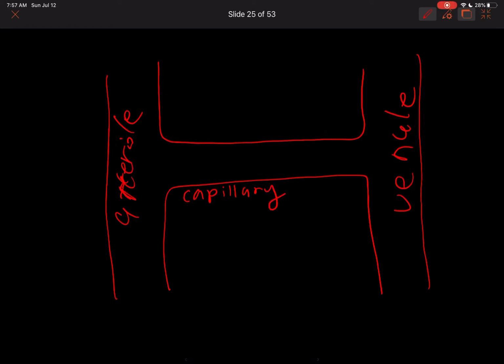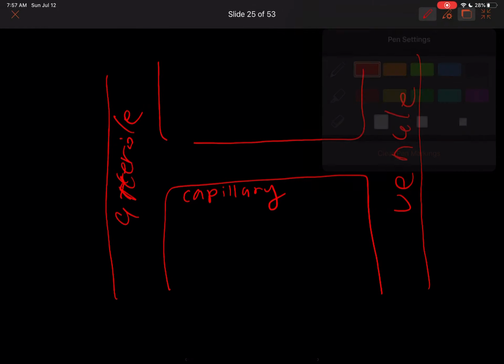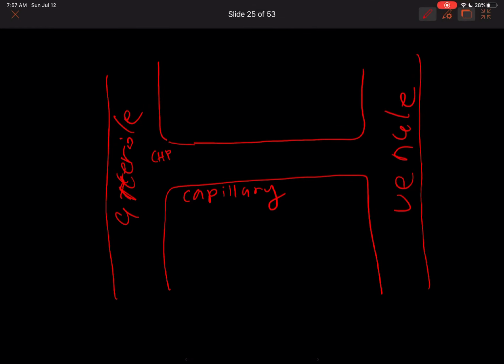Remember, not NFP, CHP at the arterial end is 35 millimeters of mercury. I'm not going to write the units anymore because it takes up space and ends up looking very messy. So I'm going to keep it simple.